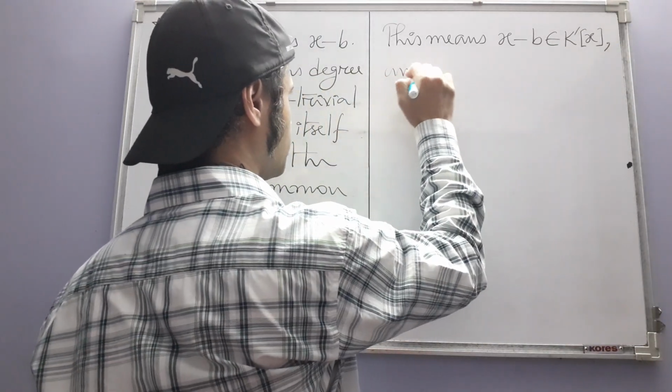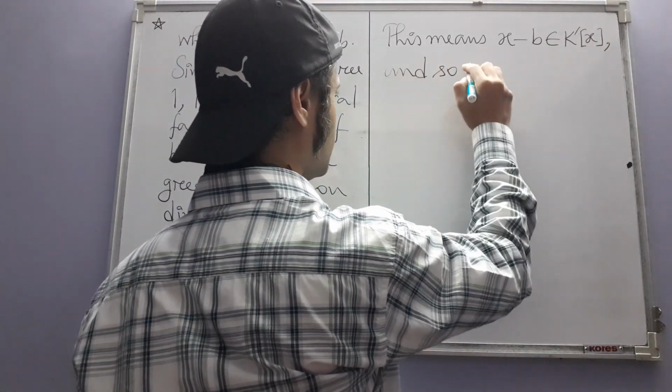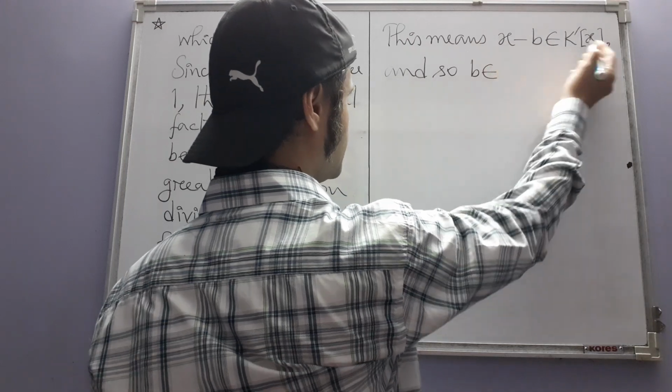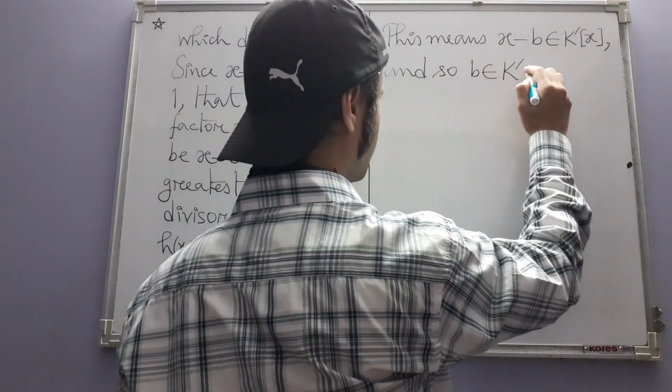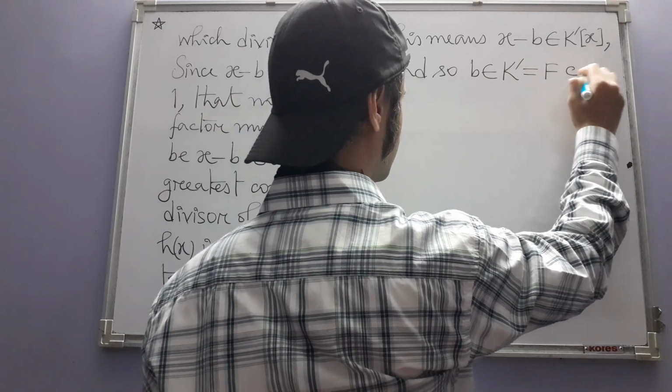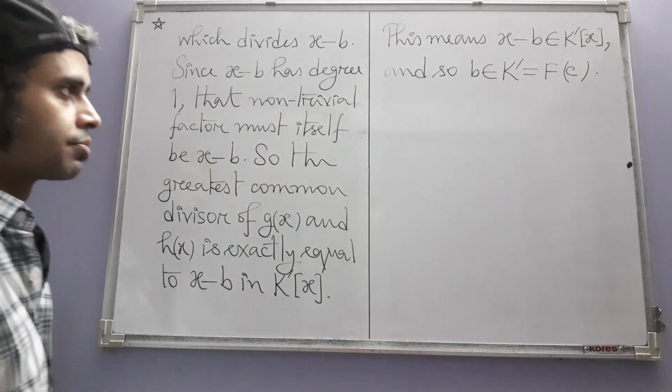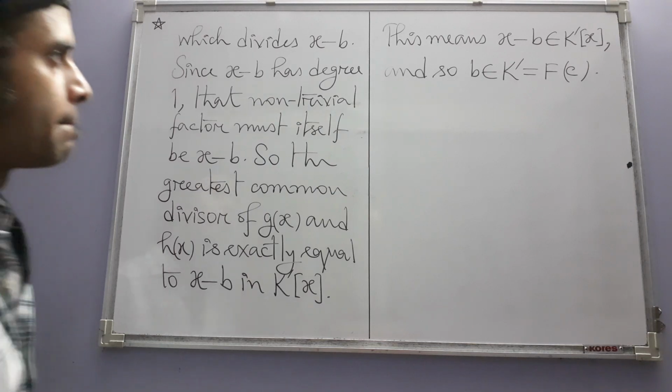And so b, if this is a polynomial in this ring, so b has to come from k prime. Okay.